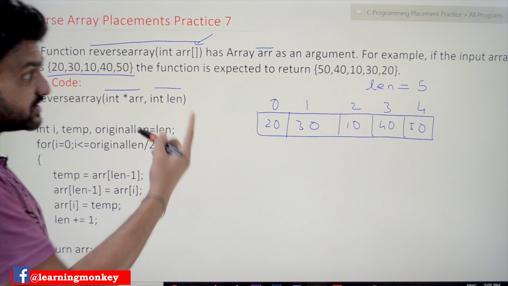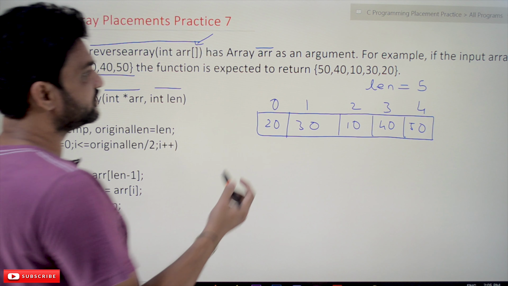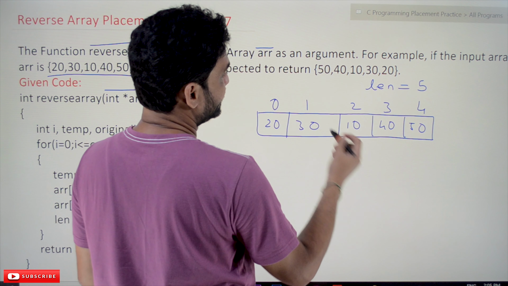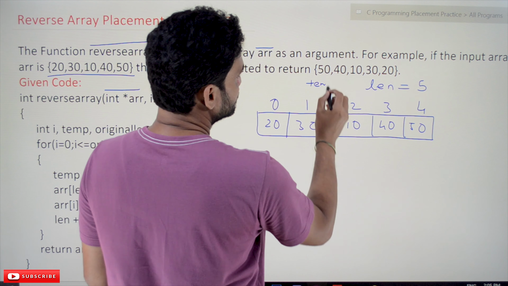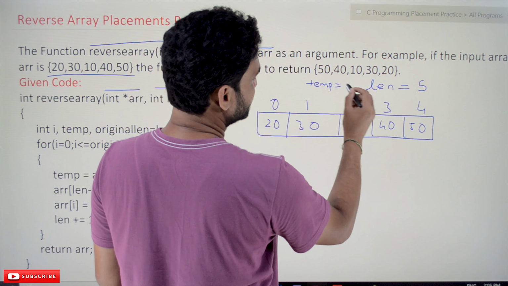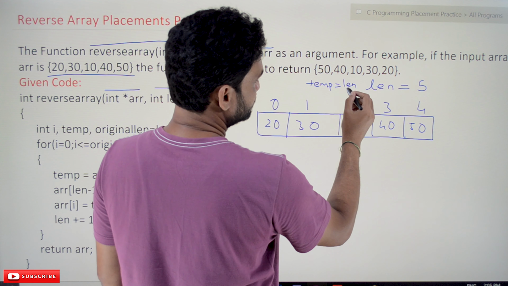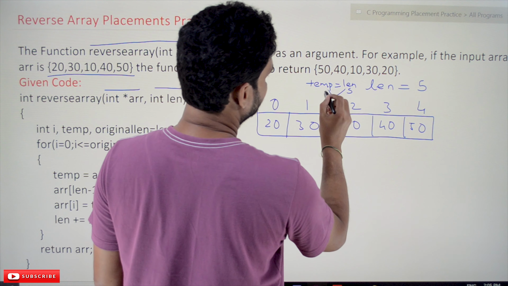Now we will take the original length of the array. We will take another variable temp, and in this we will store the length of the array for future work, so this temp is equal to 5.